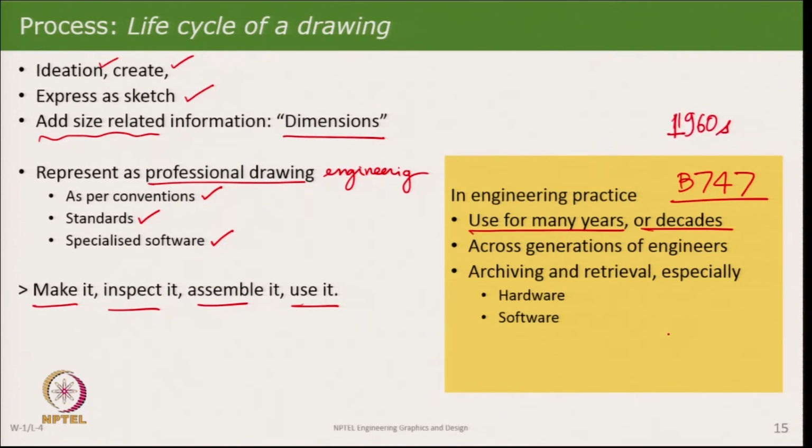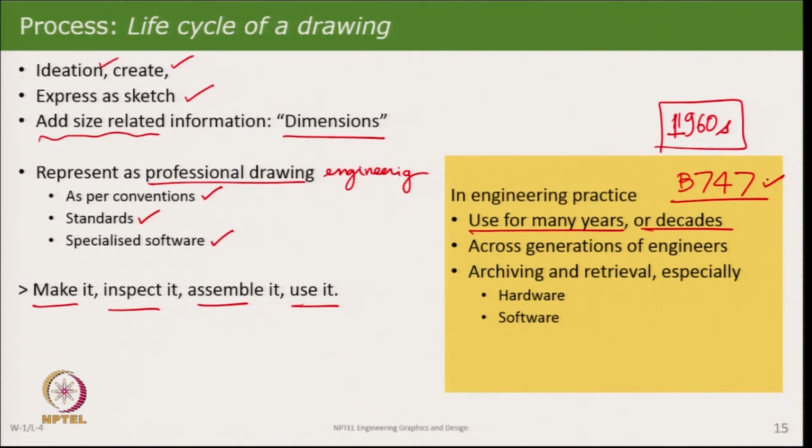There were no computers. Calculators were very rudimentary. All drawings were made on tracing paper by hand. The engineers who made that drawing, maybe they are no more. Planes are still flying. Customers who fly aeroplanes may still need spare parts.